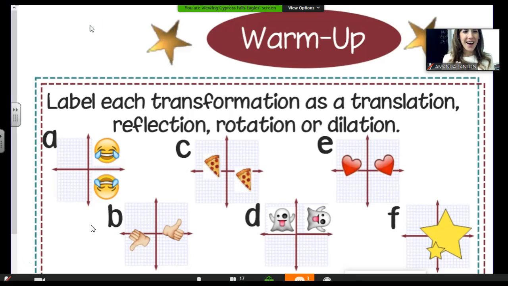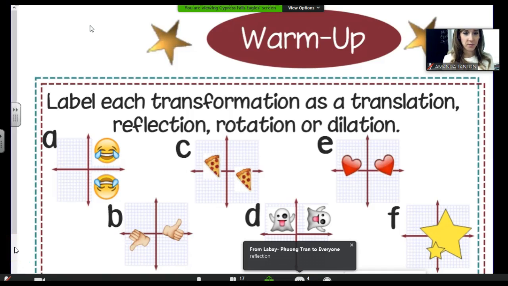review on that. All right, I'll say a letter and you tell me what happened to the emoji. A, what happened? Reflection. And what is it a reflection over? The x-axis. Yes. All right.